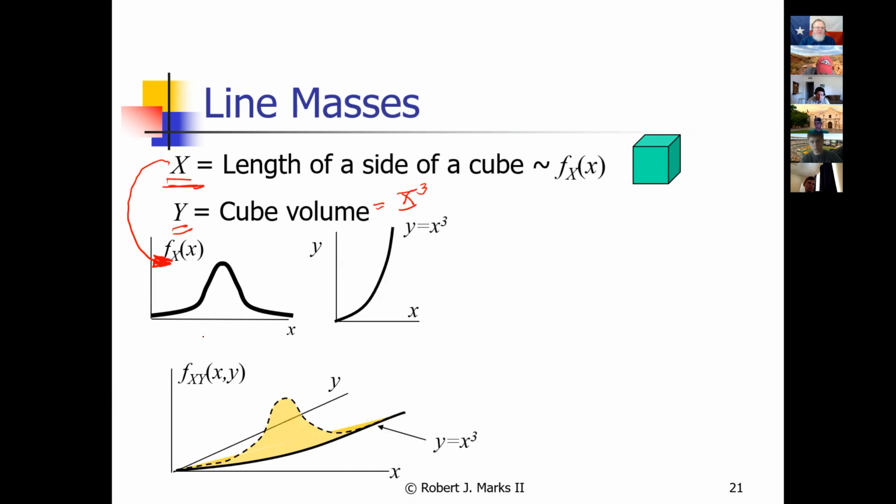Well, this is kind of weird, but if we think of a knife edge over the locus y equals x cubed, along here we have a Dirac delta knife edge. You can think of it as a Dirac delta knife edge that's bent along y equals x cubed.